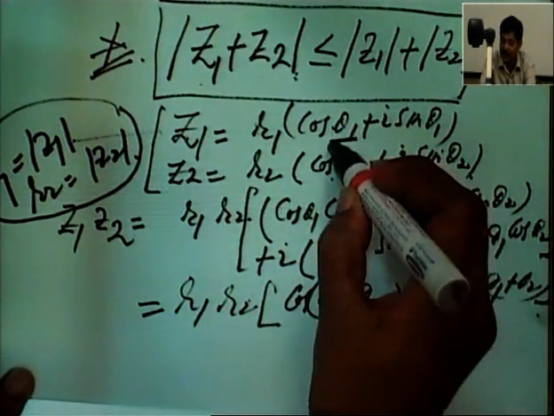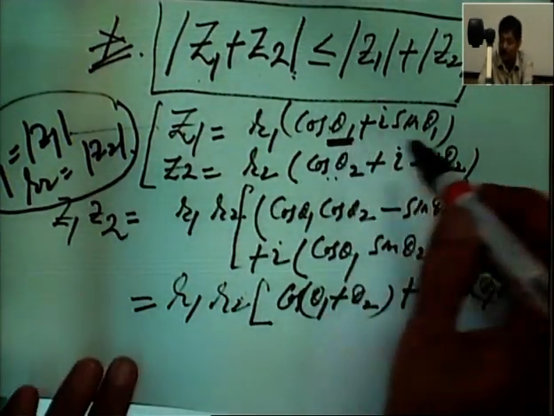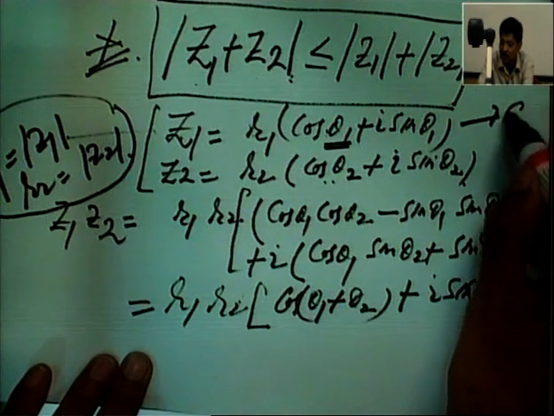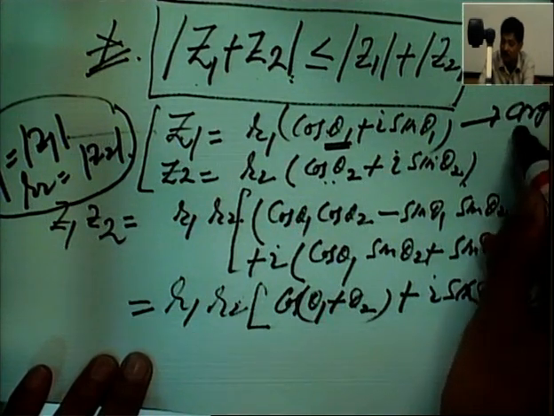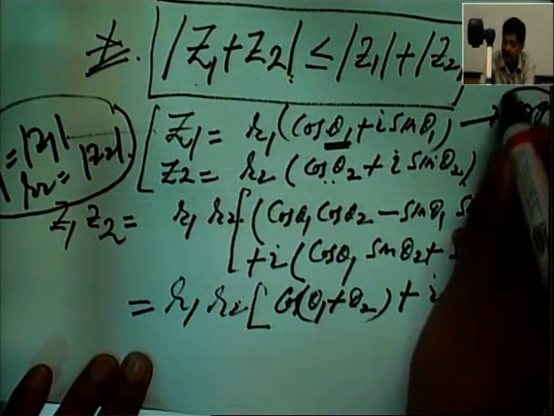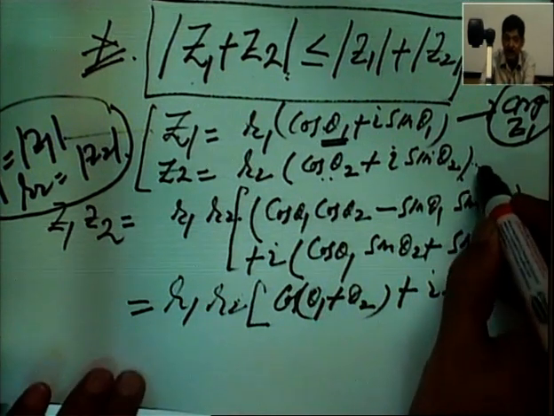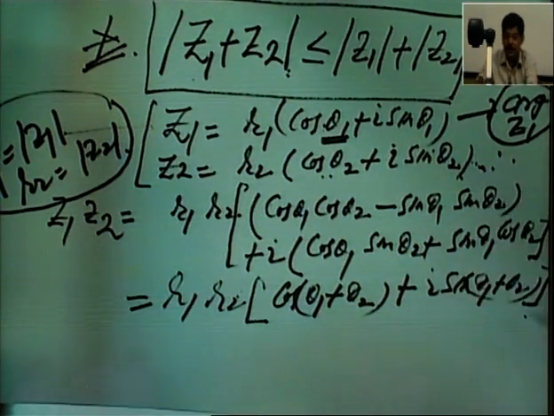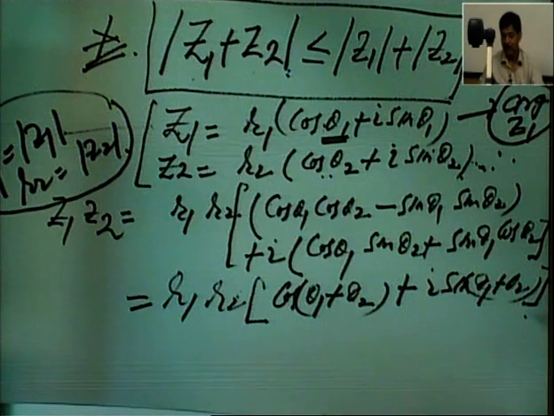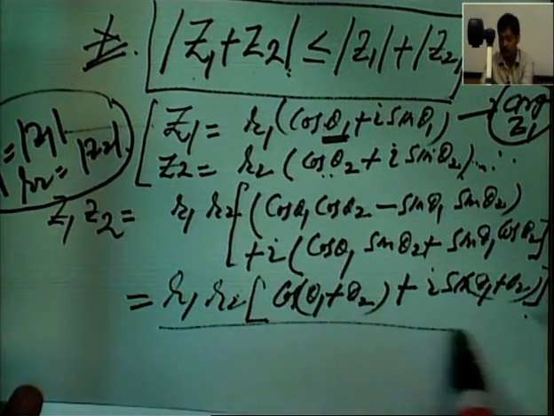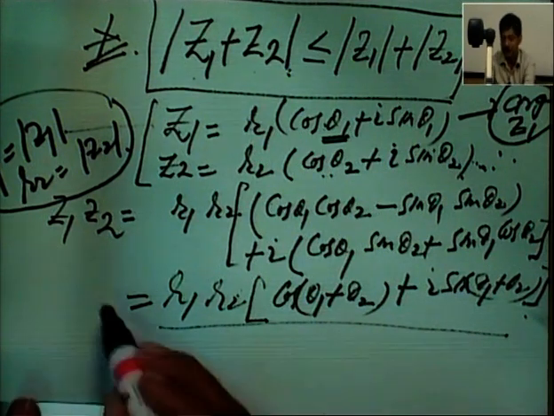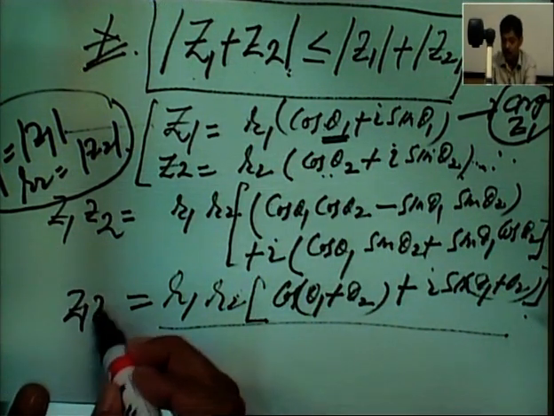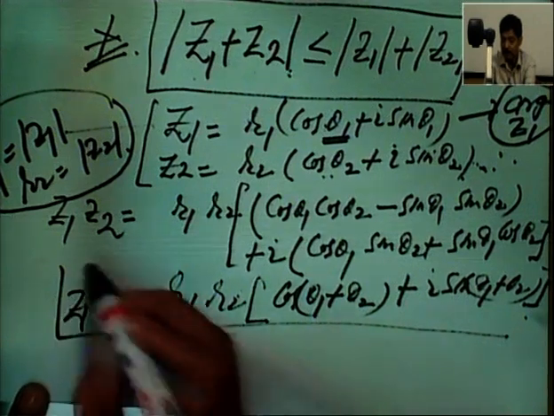And this theta 1 was your argument of z1. Similarly, theta 2 is the argument of z2. Now forget those expressions, you come to this expression, that is your z1 z2.